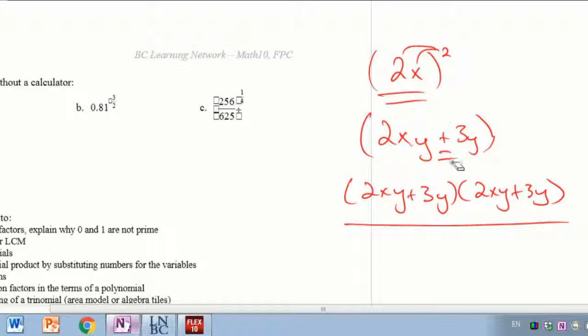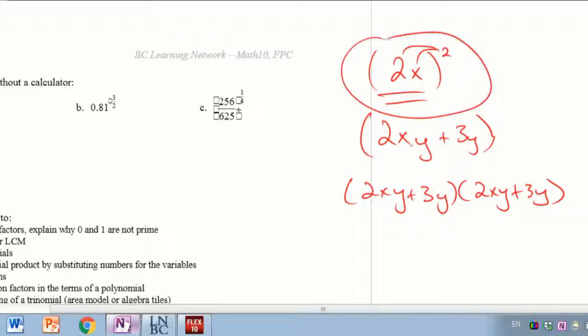And that's just how we do it. I'm sure there's a better way to explain that. I can't think of it right now. But that is the difference between just giving the exponent to the two things as opposed to actually writing it out twice. If we have addition or subtraction between the things, then we have to write it out twice. So that's a good rule to go by.